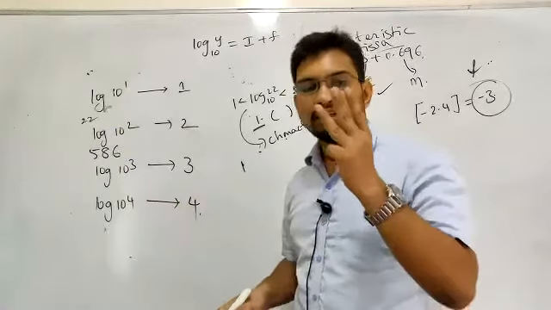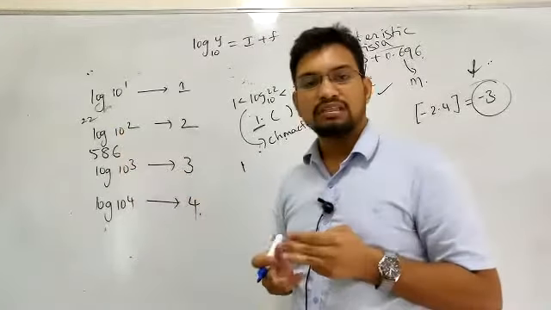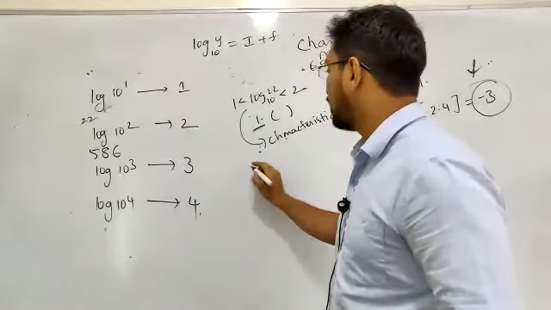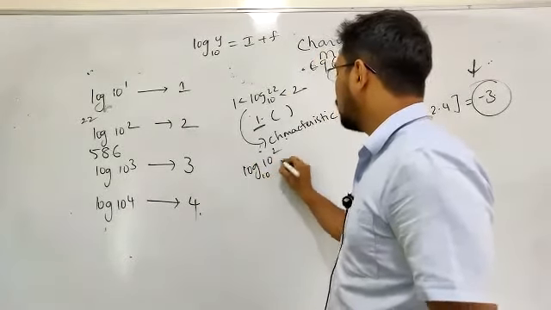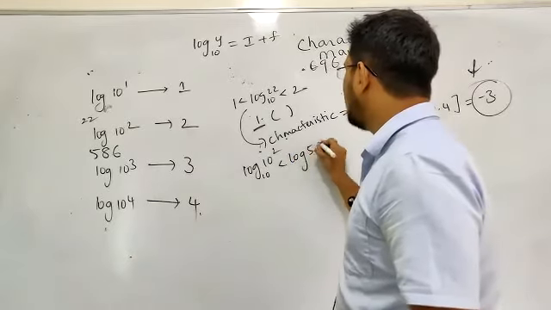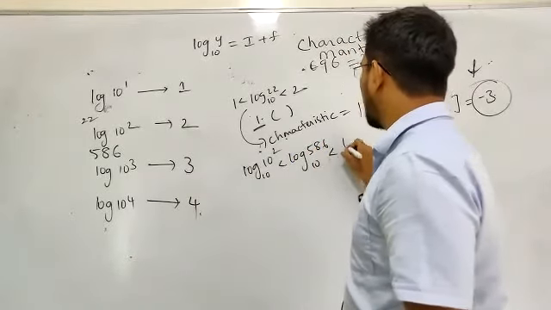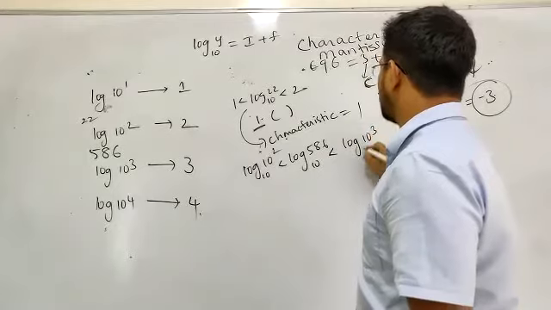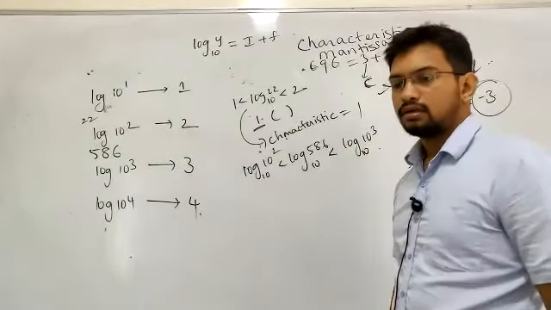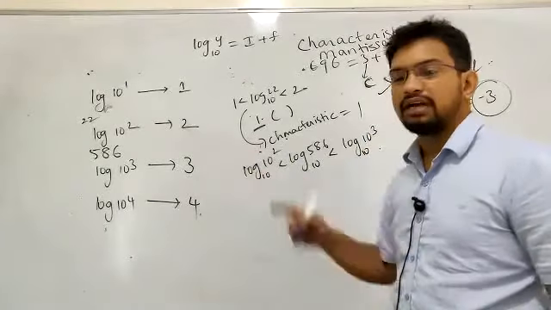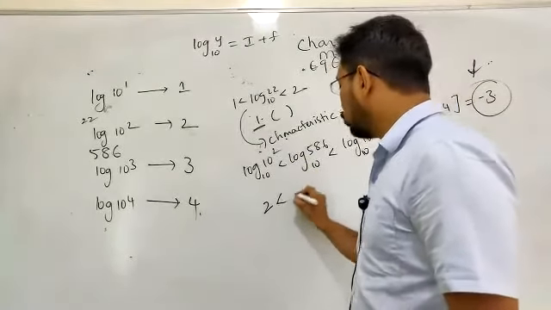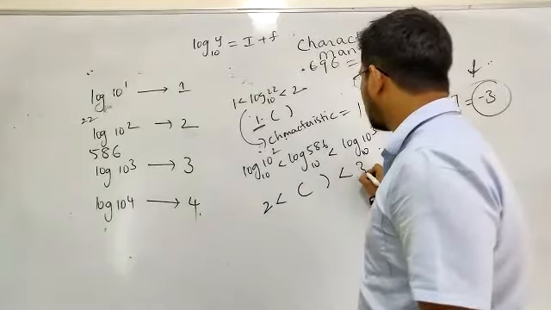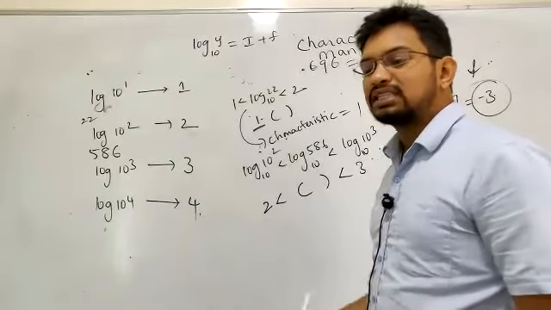So I'll write log of 10 square to the base 10 is less than log of 586 to the base 10, which is less than log of 10 cube to the base 10. This is lying between 10 square and 10 cube. So this value is greater than 2 and less than 3.